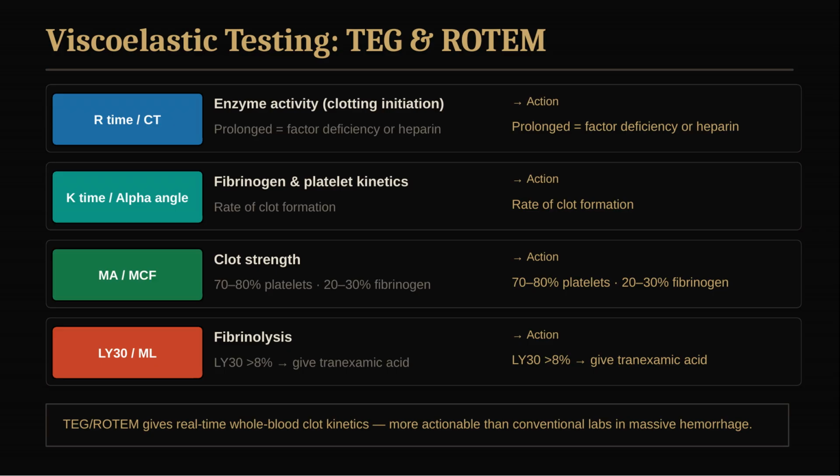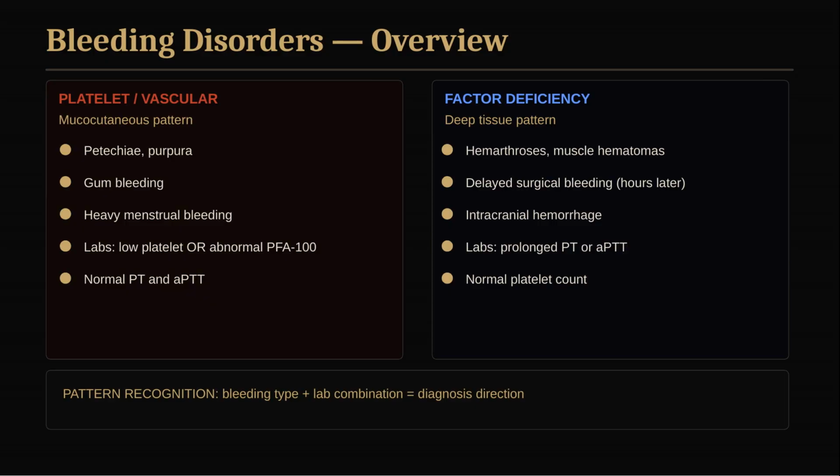The MA, or MCF, tells you about ultimate clot strength, driven 70 to 80% by platelets and 20 to 30% by fibrinogen. LY30 above 8% means fibrinolysis. Give tranexamic acid. Bleeding disorders fall into 2 categories: too few platelets or platelets that don't work, and factor deficiencies.